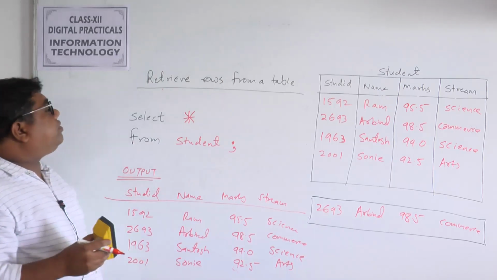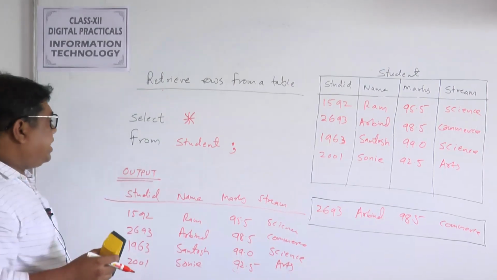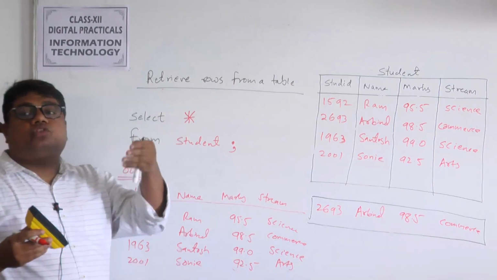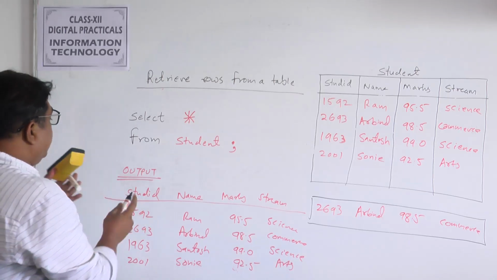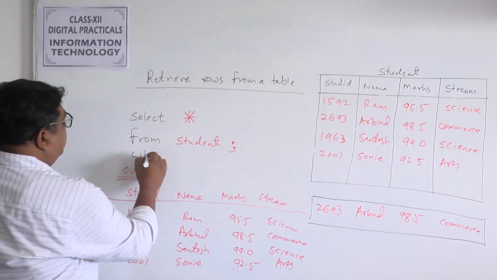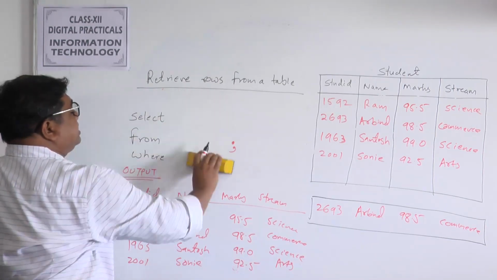Now we are going to retrieve rows from a table based on a condition. For that, we will use WHERE. See, this is the syntax.